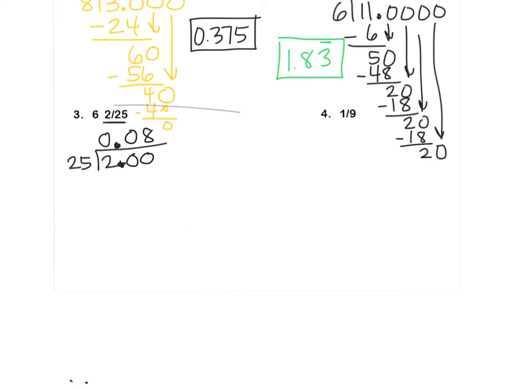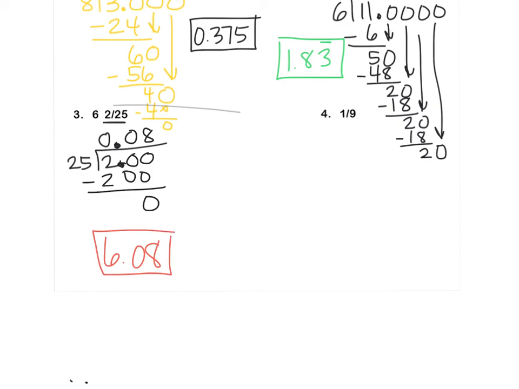If you think about it, it's 25, 50, 75, 100, and so on. So 8 times 25 is actually 200. Subtracting, we get 0. So the decimal for 2/25 is just 0.08. So we would write our answer as 6.08.